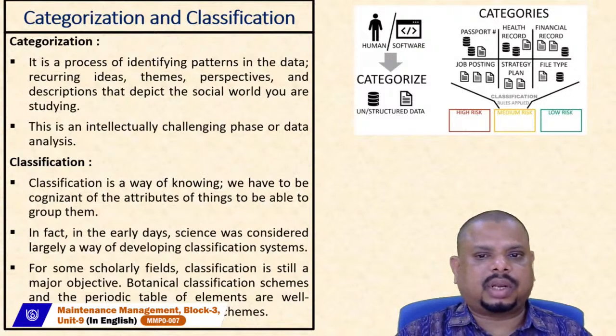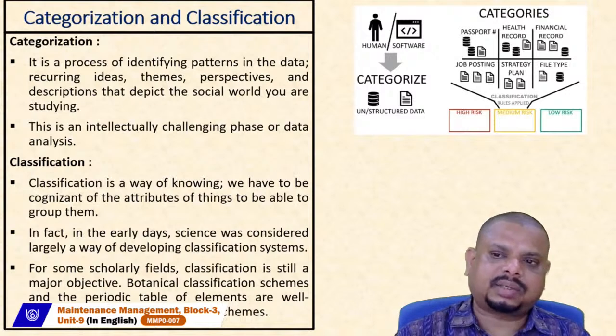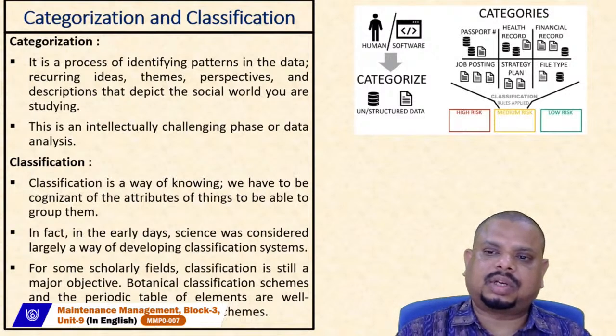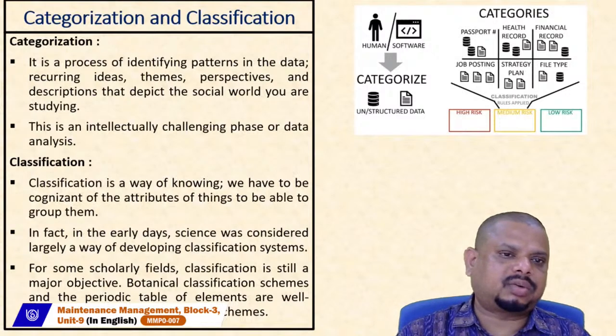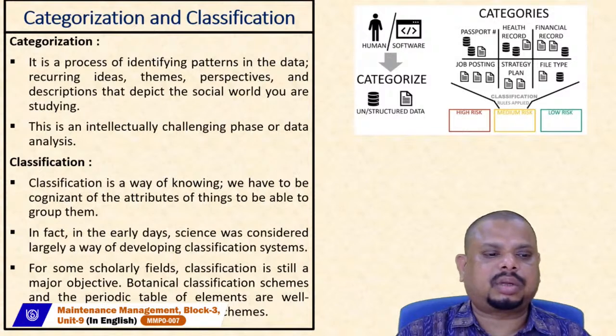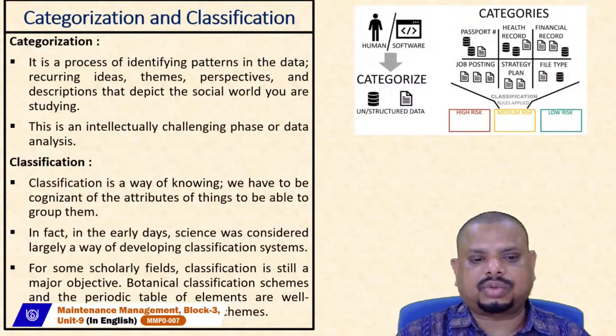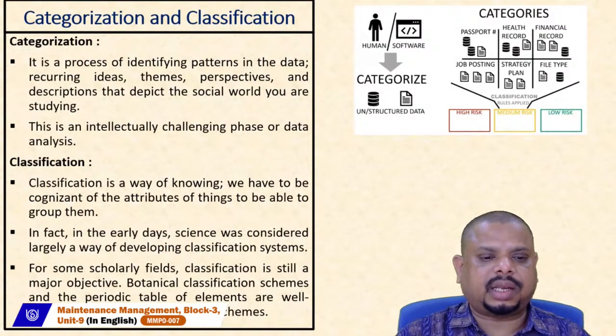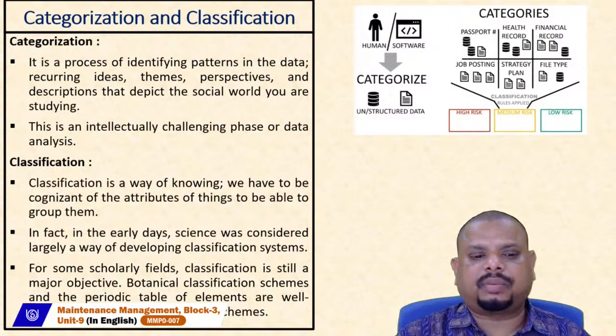So moving to the next one, in the case of classification, let's understand the meaning of classification with reference to data analytics. Classification is a way of knowing that we have to be cognizant of the attributes of things to be able to group them. In fact, in the early days, science was considered largely the way of developing classification systems.